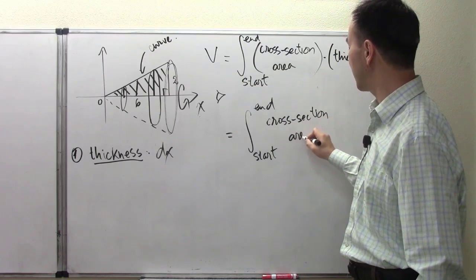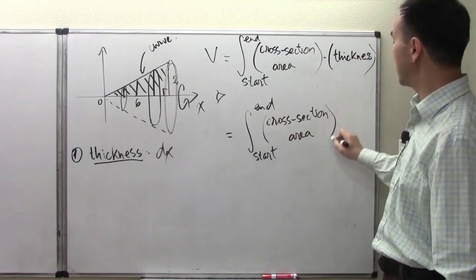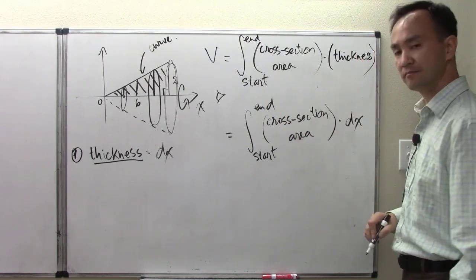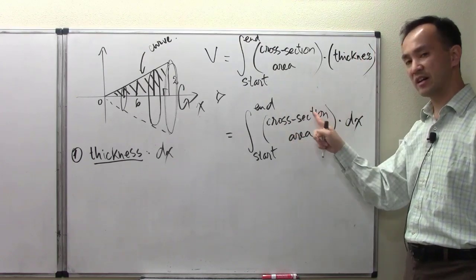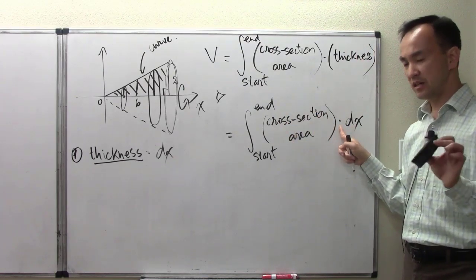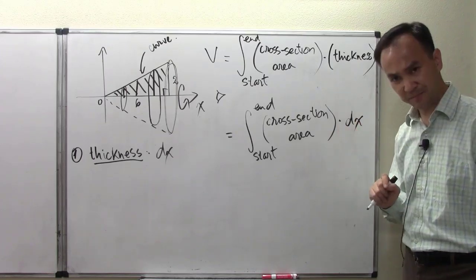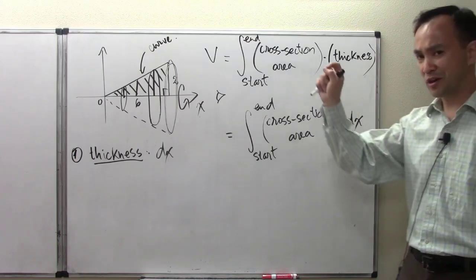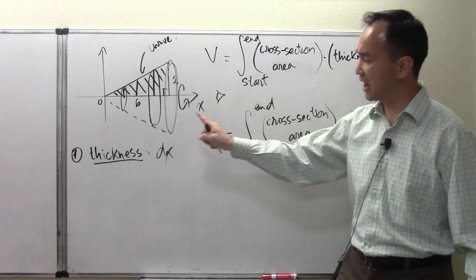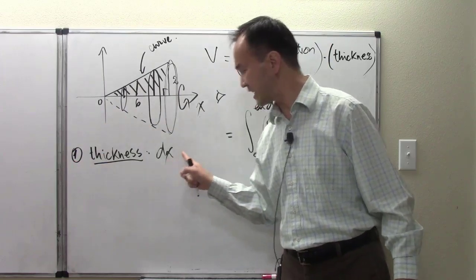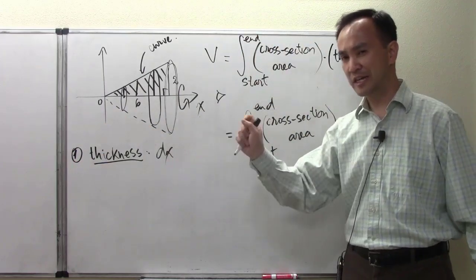Right now we haven't, but at least we now know our thickness is dx, so each cross-section area needs to multiply with the thickness dx. Once we have realized the thickness needs to be dx, it gives us a clear plan for the next step.